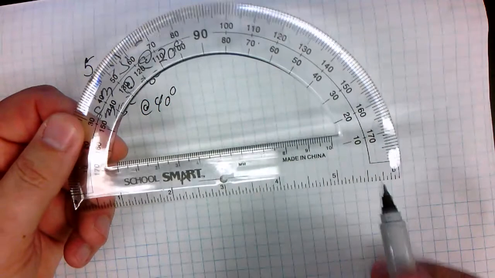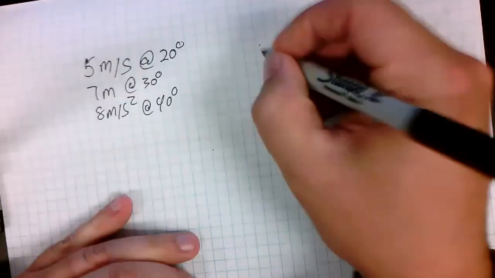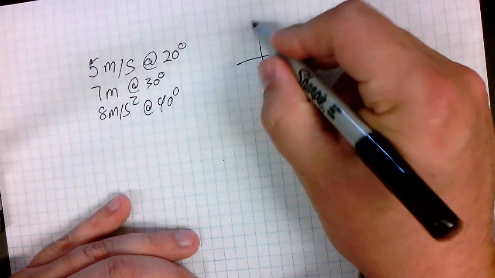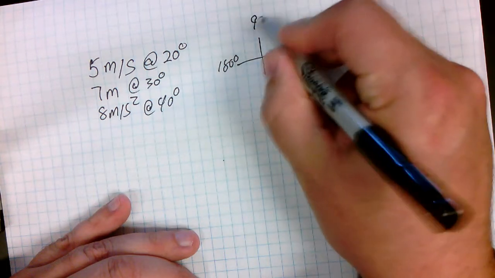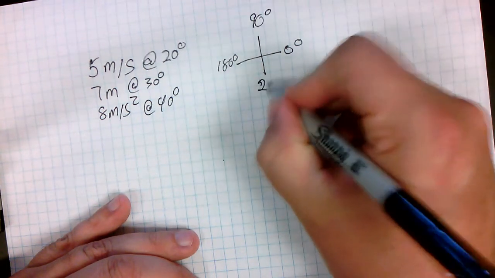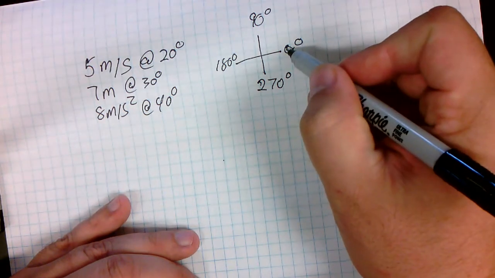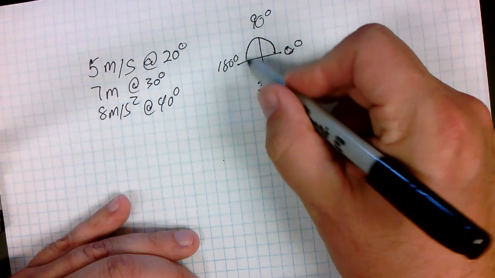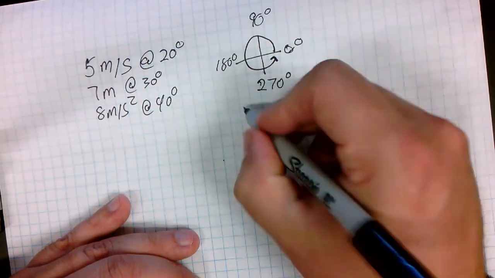We are going to be using what we're going to refer to later as a polar coordinate system. So in that system, 0 degrees is to the right, 180 degrees is to the left, 90 degrees is going to be up, and 270 degrees is going to be down. It is going counterclockwise from the positive x-axis, increasing in angle from 0 to 360. This is called the polar coordinate system.